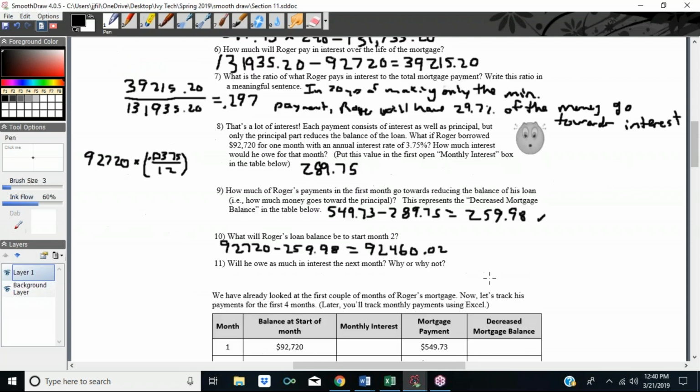So number 11 goes on to say, will he owe as much in interest the next month? So his new loan balance is $92,460 and 2 cents. Will he have to pay as much in interest? Anna says no. How come?